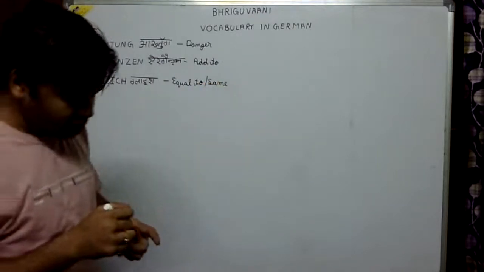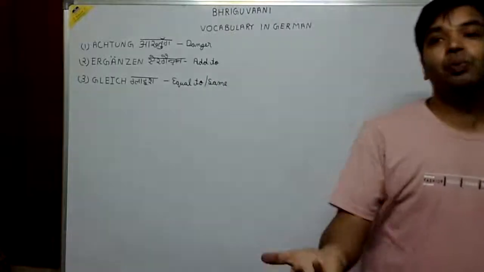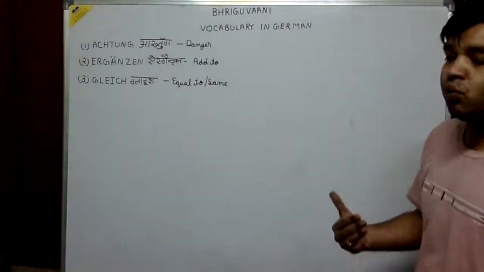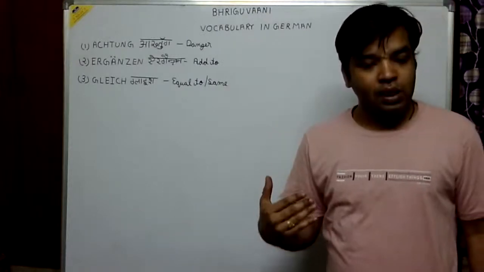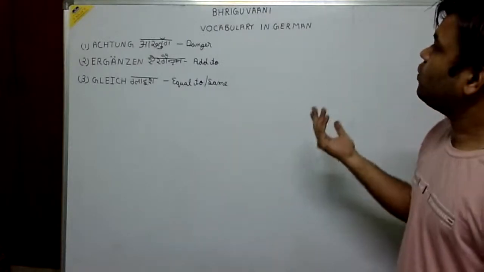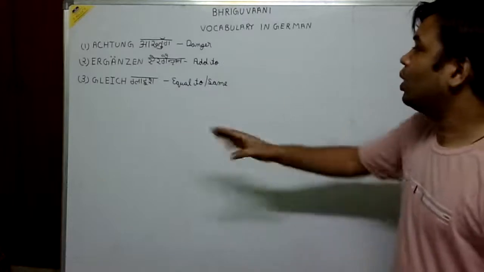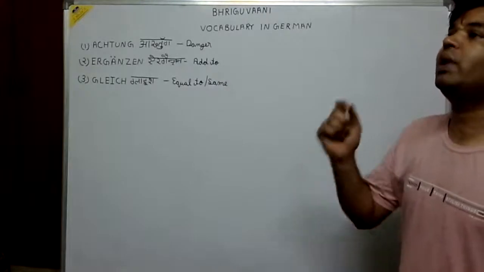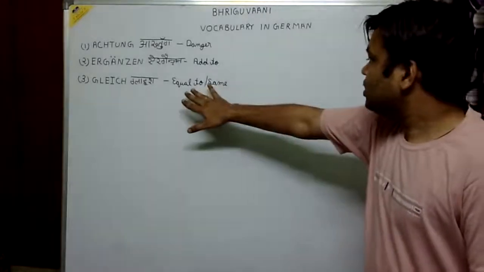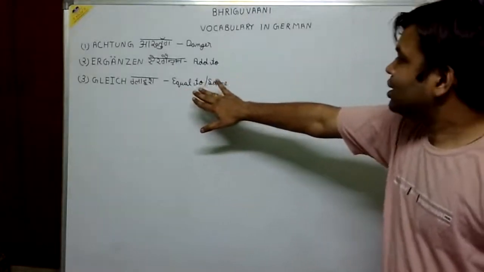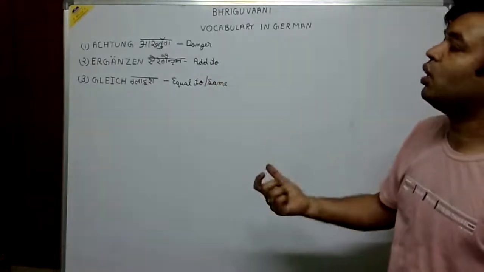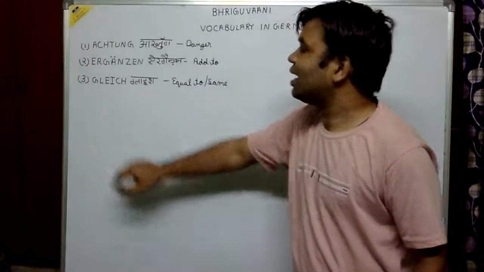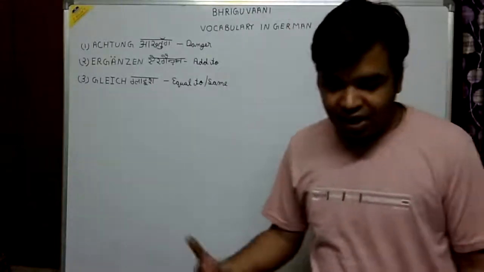Like in maths, we say 2 plus 2 is equal to 4. So what we are saying? 2 plus 2 gleich 4. For this equal to, we use the term gleich, G-L-E-I-C-H, gleich.